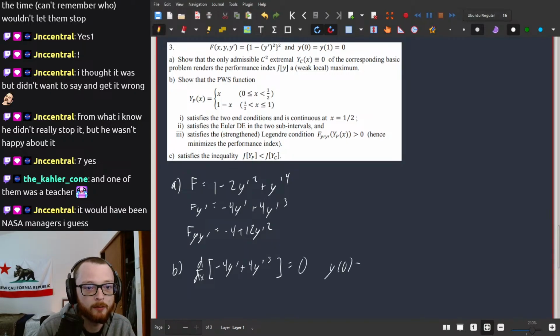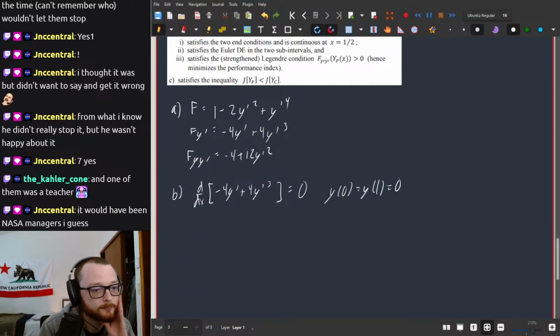And we're letting y of 0 equal y of 1 equal 0. Rather than taking the derivative of this, let's integrate both sides.